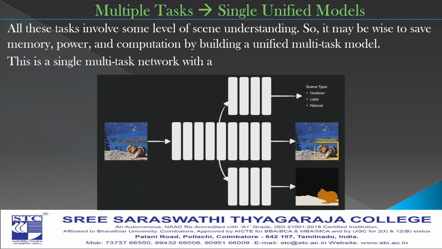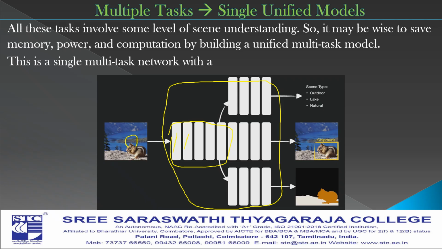Instead of doing this, we can do it in a different way, which is actually multitask learning. We have this one image, and there is only one model, the whole thing is one model. What you see here is that instead of having three models, we have just one model where this part is shared. Each upright rectangle, this white one, is one layer, this is another layer and so on.